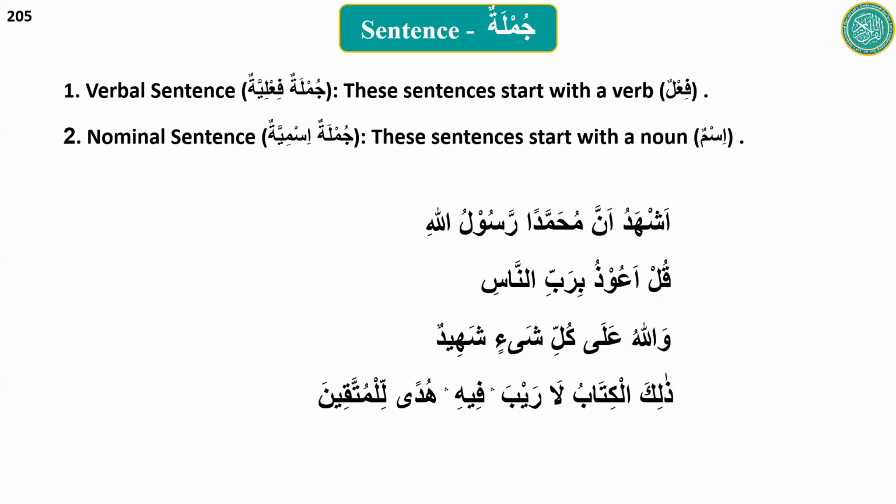What kind of fail? Is it al-madi, al-mudari? It's amr. Fi'lul amr. So it is a fail. It is starting with a fail, and so what is its type? Jumla fi'liya. All right. Thank you, Ayan.